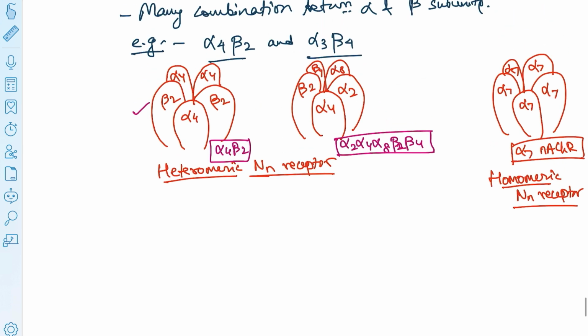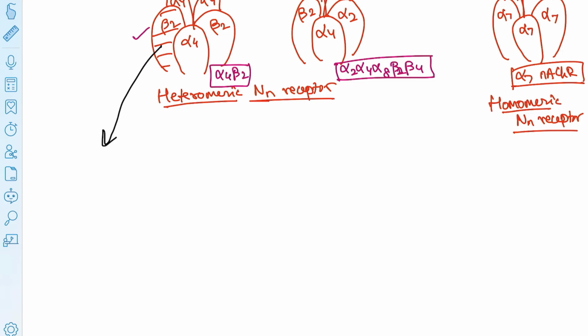As I told you, the complete nicotinic receptor is formed of 5 different subunits. So if I discuss only one subunit of the nicotinic receptor, let it be any of the alpha or any of the beta subunits, the basic structure of one single subunit is that it has 4 different transmembrane domains.